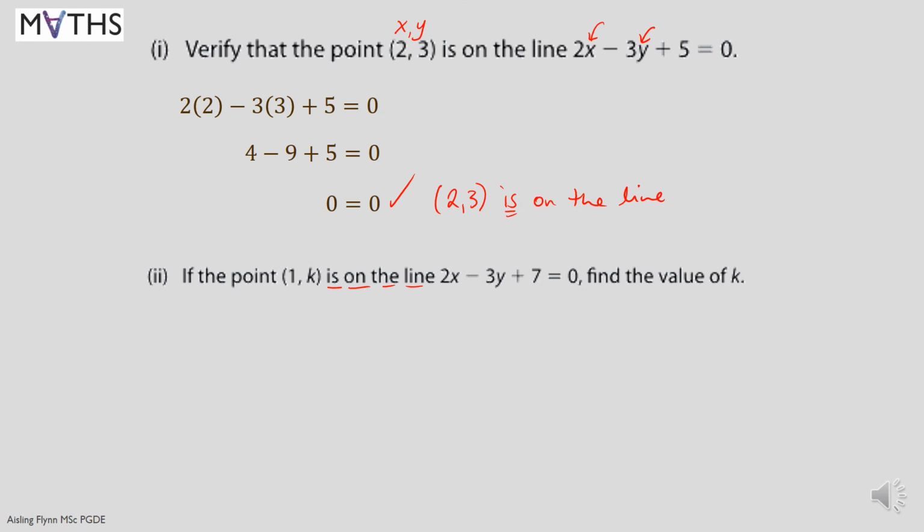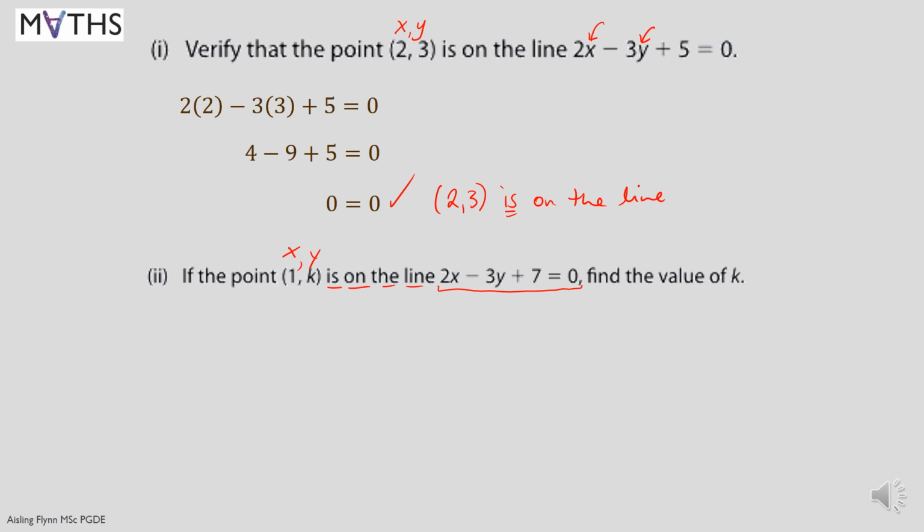So if we put an x value and a y value from this point into our equation, we are supposed to get 0 equals 0. Left equals right. Just because you have a letter doesn't mean you shouldn't follow the same procedure as you did in question 1.